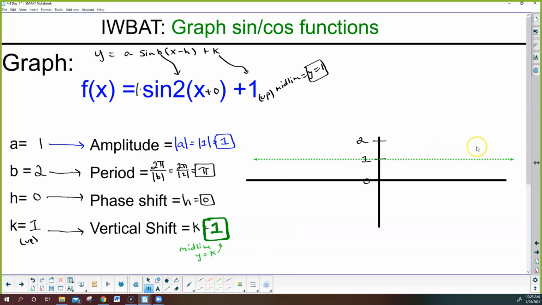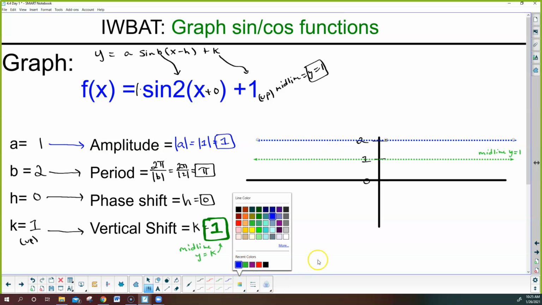If we were in class together, I would have some markers available and just have you do this. So your midline is at 1. Because we know the midline and the amplitude is 1, I'm going to change this color, but I'm going to go 1 above that. And that'll be my max line.